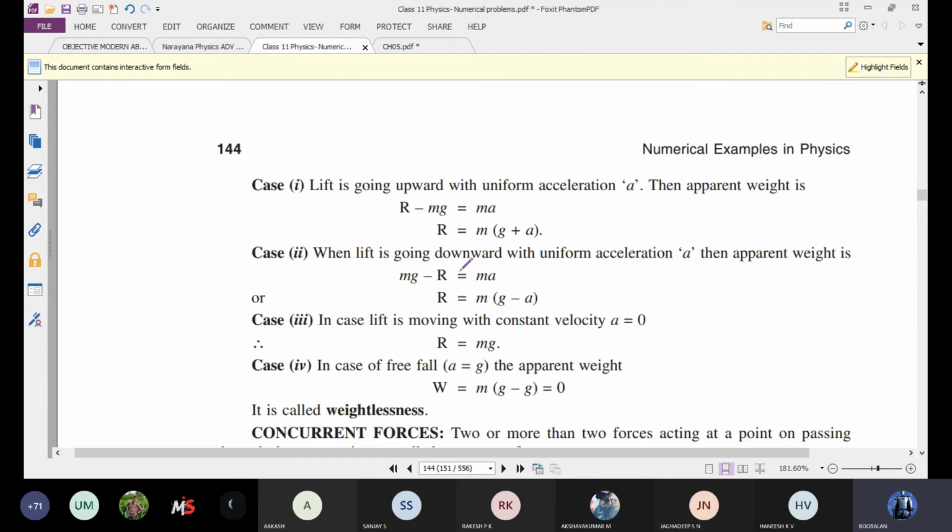Just to know the formula: R, that is the resultant apparent weight, R equal to m into (g plus a). So for the lift going upward, we should take both values, g plus a: acceleration due to gravity plus acceleration of the lift.